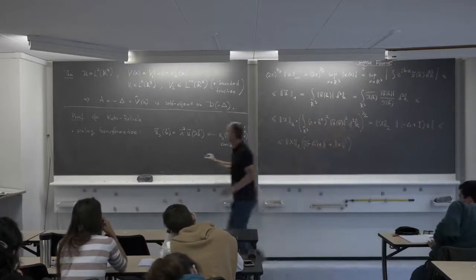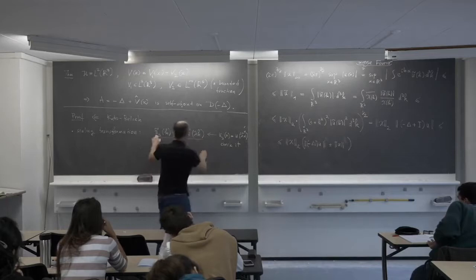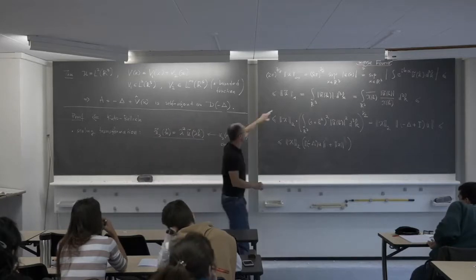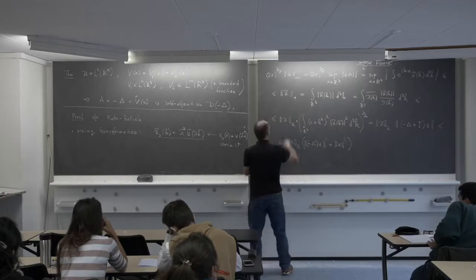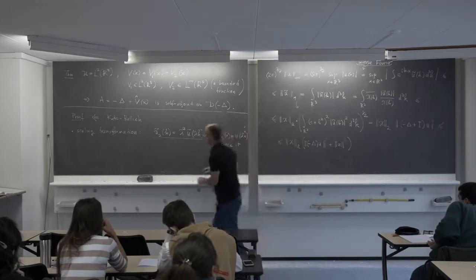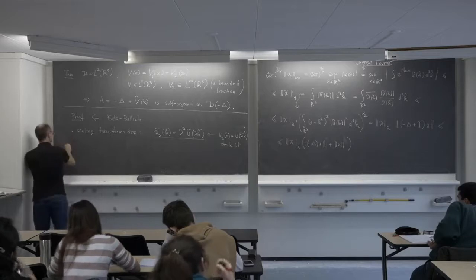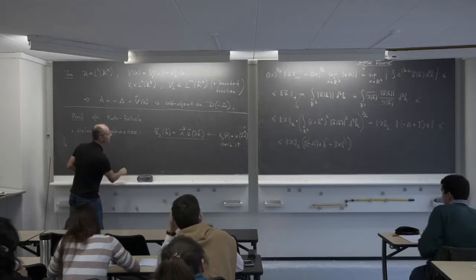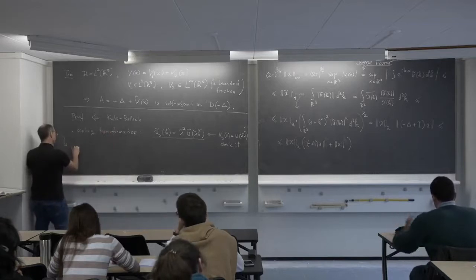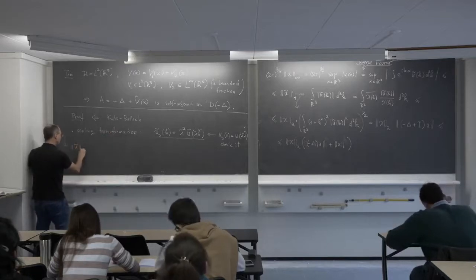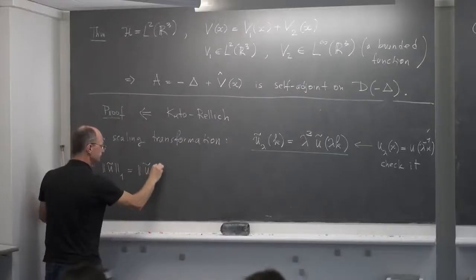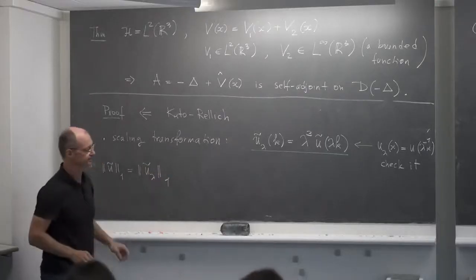So the one norm does not change. So starting from this point, we can deviate in our argument and say u tilde 1 is equal to u lambda tilde 1.